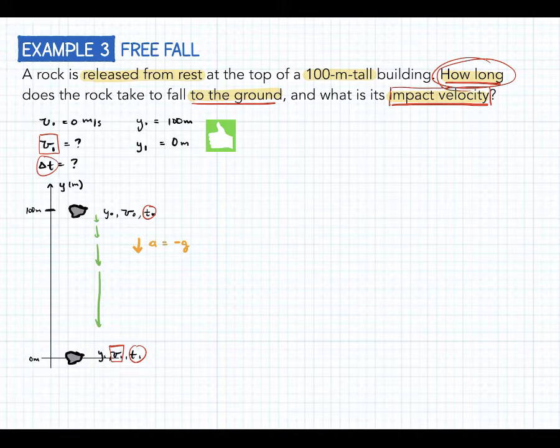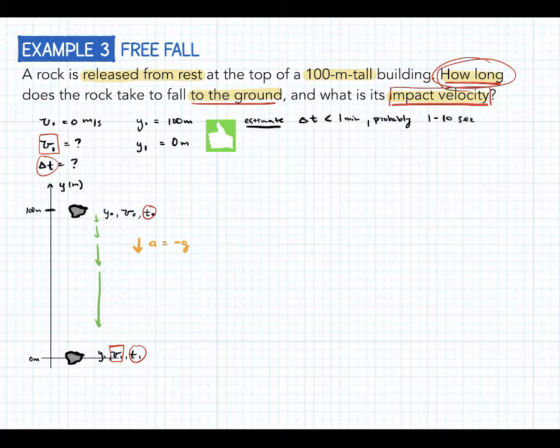So our estimate for the answer is less than 1 minute, probably 1 to 10 seconds, just based on knowing what things are like when they fall off cliffs.